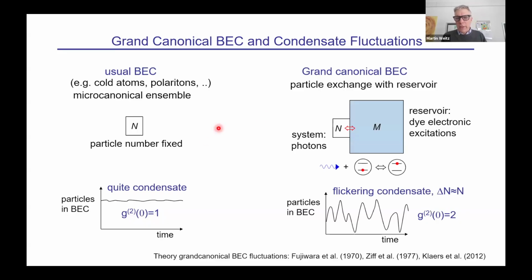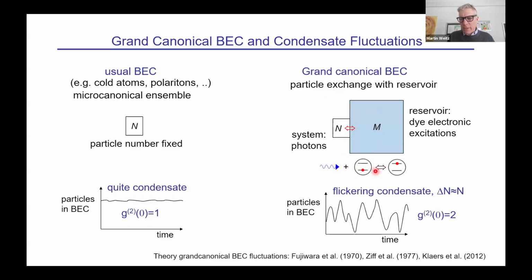The grand canonical ensemble is defined as a system where one has exchange of a system with a reservoir. Interestingly, one can have that for such microcavity photon condensates, because the way that we thermalize is by absorption and re-emission on dye molecules.